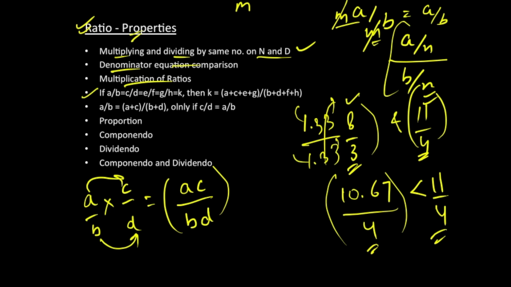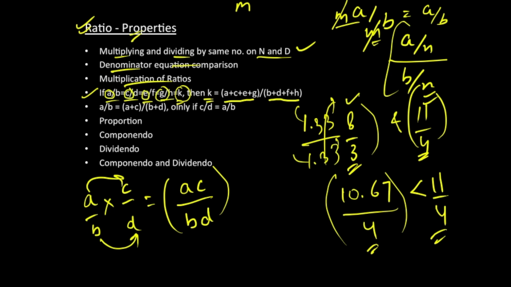Okay, the next property says if A upon B is equal to C upon D is equal to E upon F is equal to G upon H is equal to some constant value, let's say K, then K can be found out to be A plus C plus E plus G divided by B plus D plus F plus H. What are these numbers? A, C, E and G, these are all the numerators.